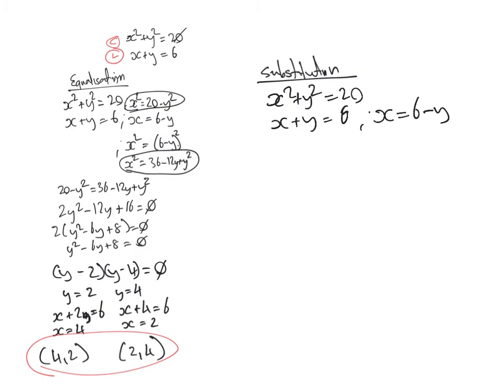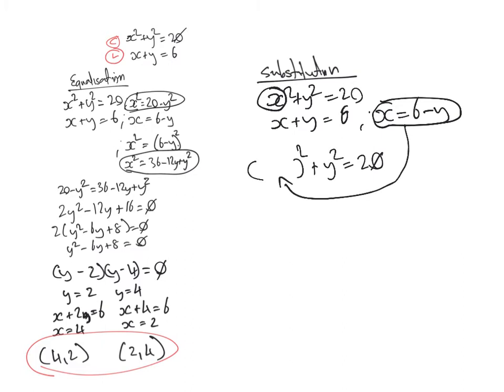So we have x equals 6 minus y, but up here there's x. So where the x is, we create a bracket, write out the equation, and because we now have a different definition of x, we substitute it in: 6 minus y, all squared.